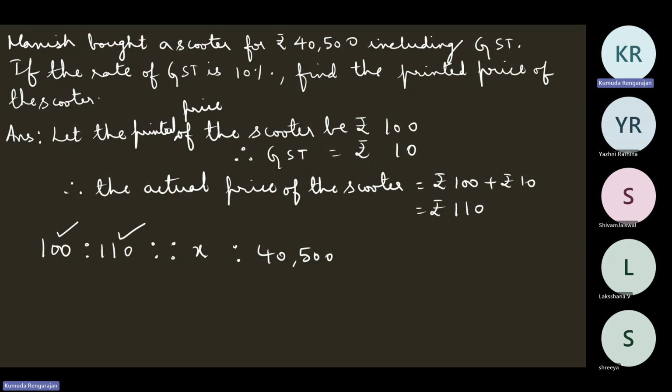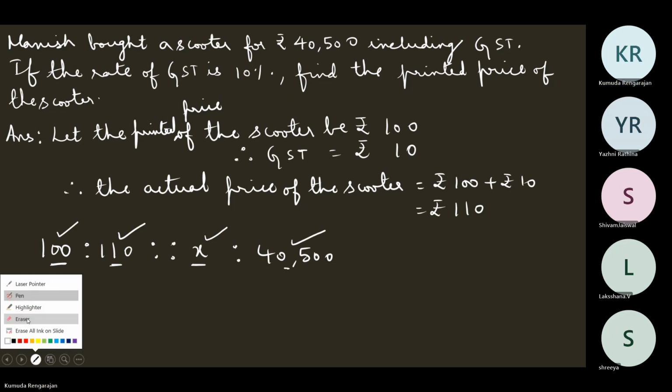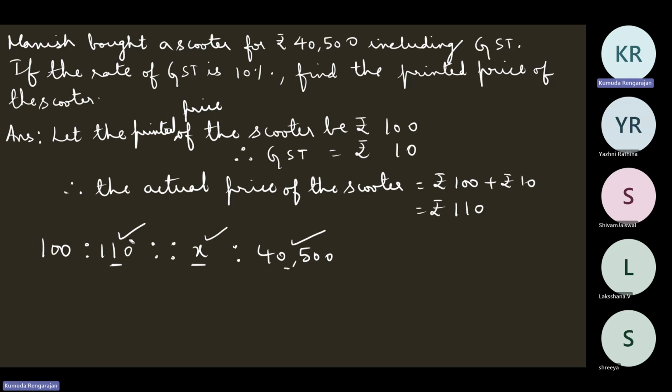If the cost without GST is X, then the cost with GST is 4,500. Without GST, with GST. That order you'll have to maintain correctly. You can use any order, but you should use the same order on both the sides.